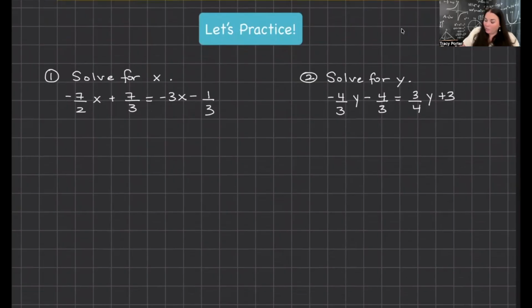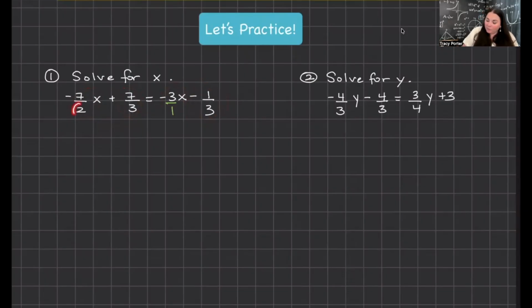We'll start with the first example, and make sure you recognize that you have four terms. The first thing we want to do is find the least common denominator. If it's helpful, you could even write this over 1 just to make sure that everything has a fraction-like form.